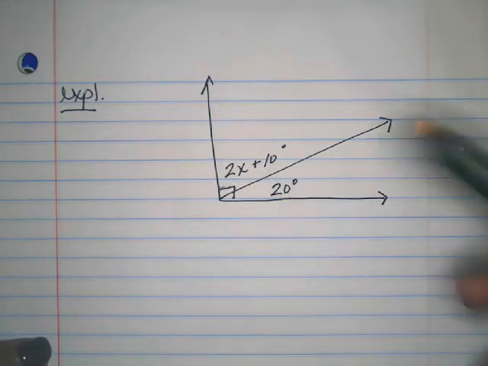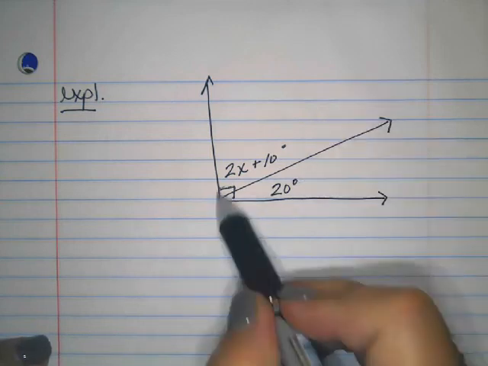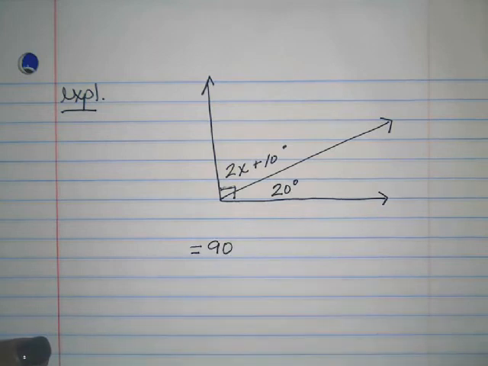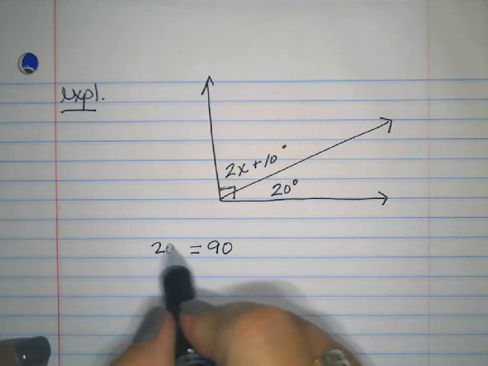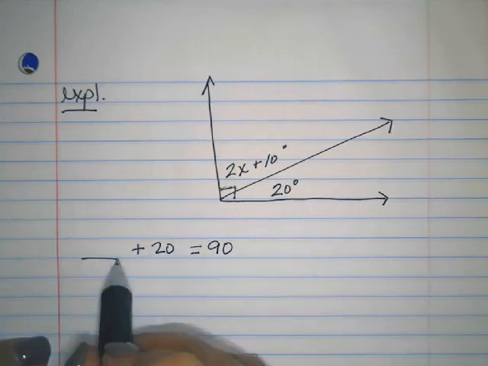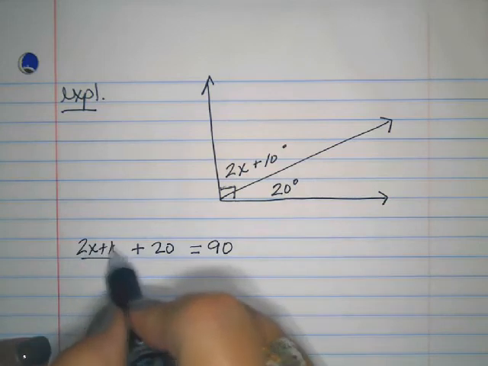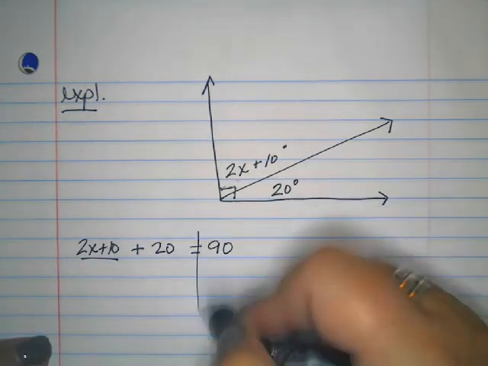I could also say that these two angles are complementary because they equal 90 degrees. So let's see if we can figure out what these angle measures are. I already know that this is 20. So 20 plus what do I need to put in here? So let's see, 2x plus 10. This angle plus this angle equals 90.